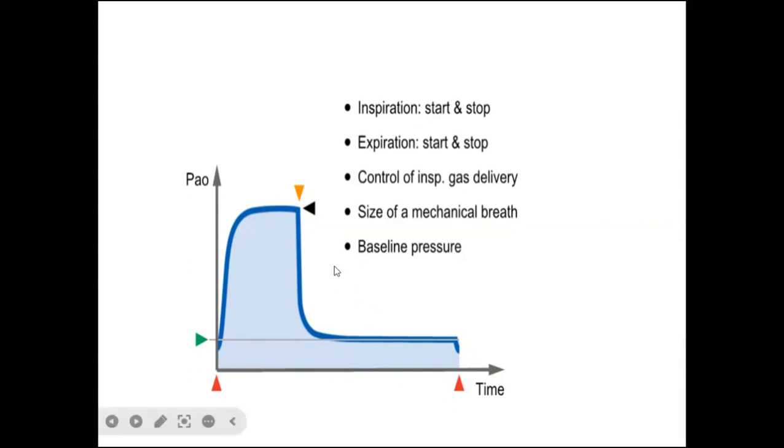We'll start from where we stopped yesterday. We discussed yesterday about pressures, volume, compliance, resistance, elastance, and time constants. Now we'll go to certain variables which are needed mainly to tell the ventilator how to initiate a breath, how to stop the breath, how much flow it has to give, and how much pressure is needed.